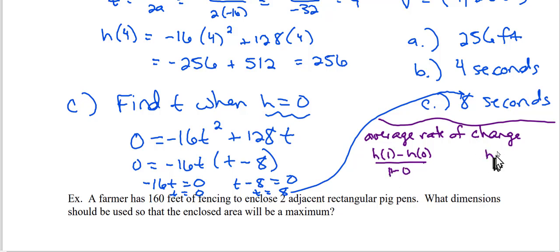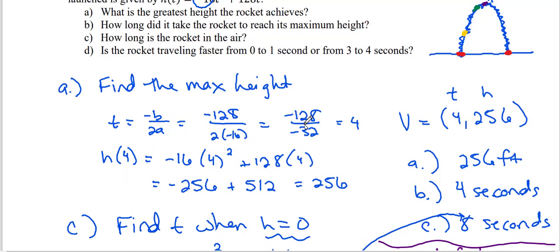And I'm going to do h of 4 minus h of 3 over 4 minus 3. H of 1, let's go back here. So we're just calculating the slope connecting these 2 points, right? The average rate of change. How much did it change in that 1 second interval?